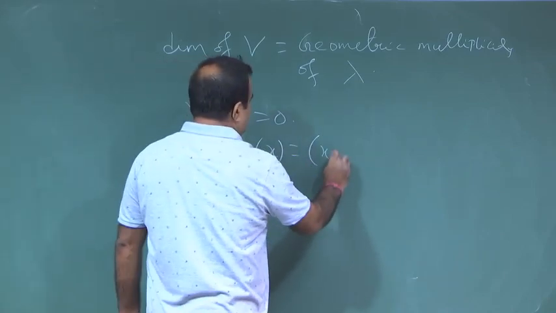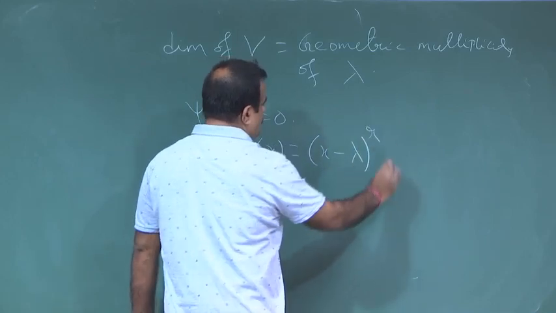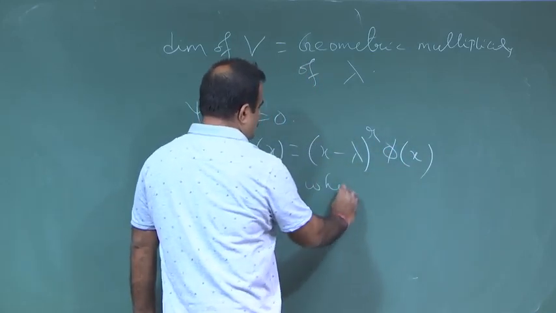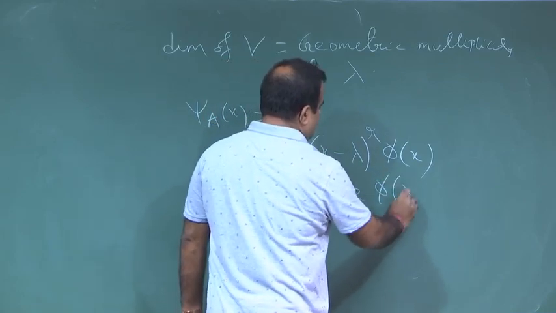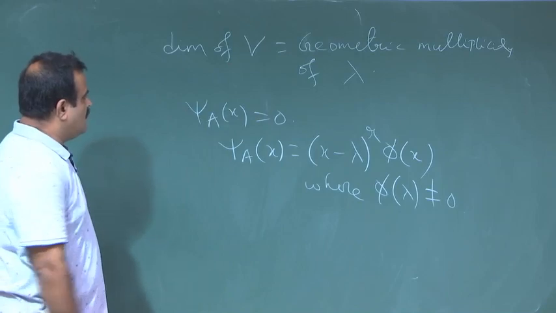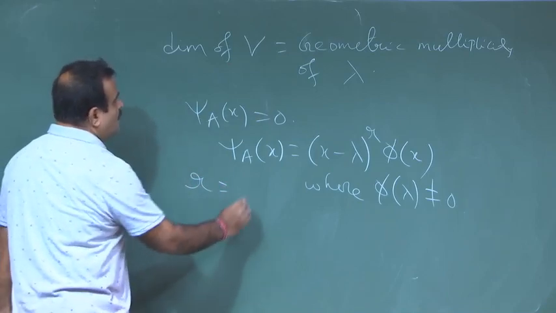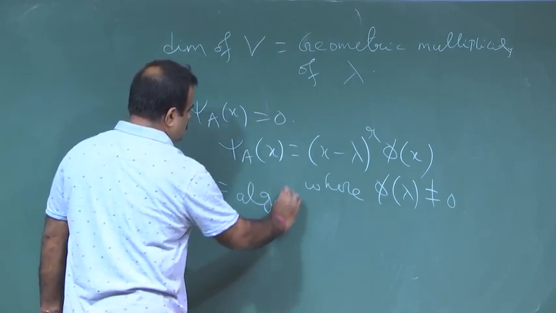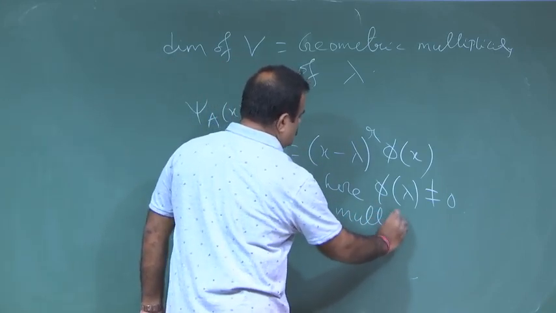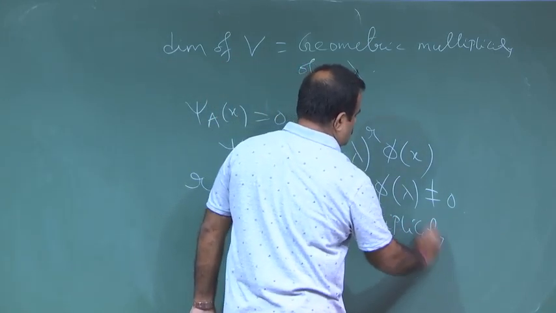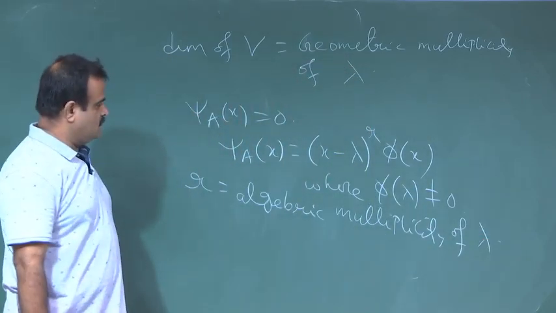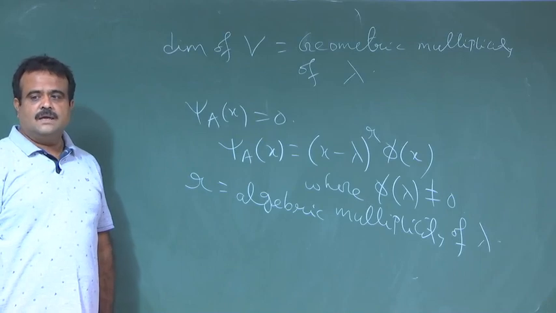Then we must write (x minus lambda) to the power r times some other polynomial phi of lambda, where phi of lambda is not equal to 0. Then r is called the algebraic multiplicity of lambda.